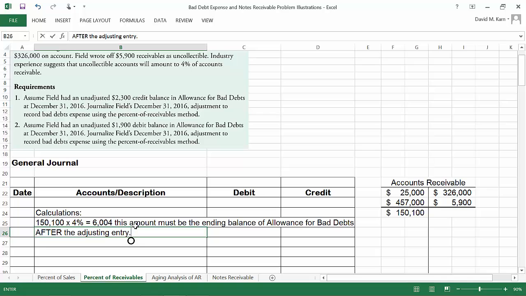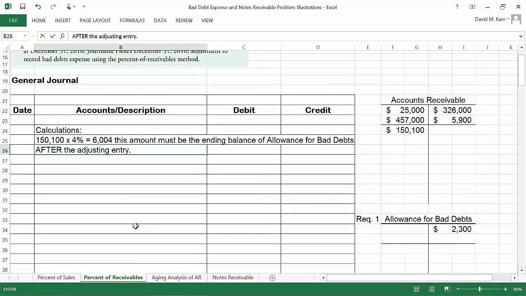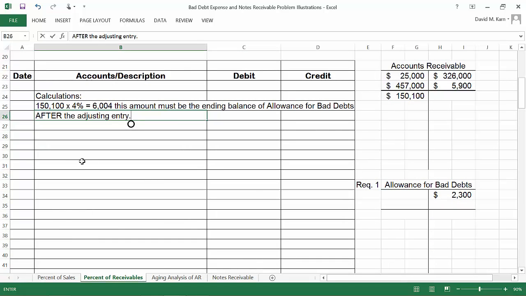So it says in requirement 1, assume Field had an unadjusted $2,300 credit balance in the allowance for bad debt at December 31st of 16, and to journalize Field's December 31st, 2016 adjustment to record bad debt using percent of receivables method. Okay, so I put that down here.